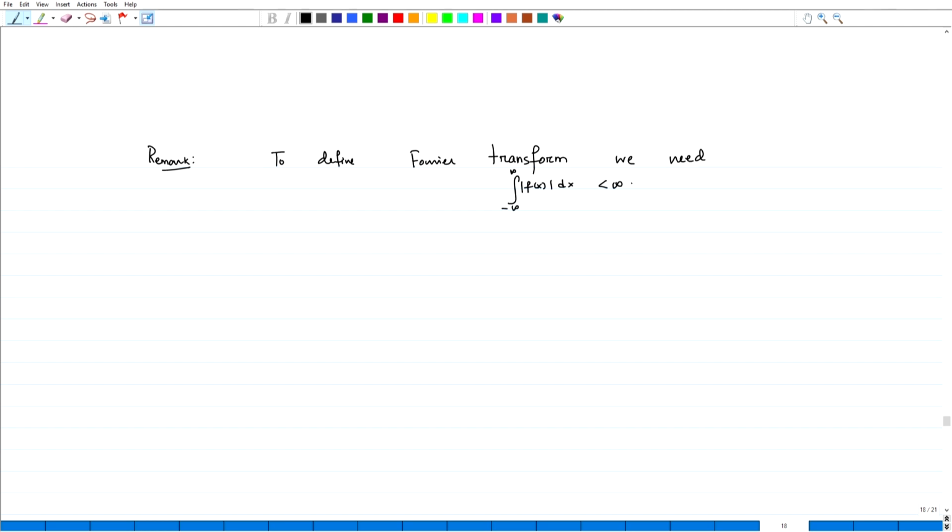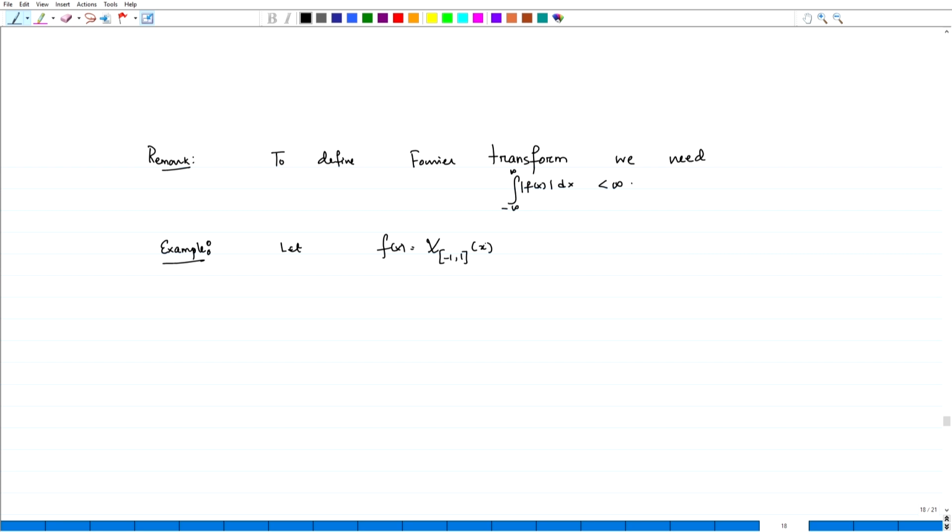Then we can define f hat of xi as the integral from minus infinity to infinity of f of x e to the power minus 2 pi i x xi dx. In this context, let us do some example. Let f of x be the indicator function of minus 1 to 1.